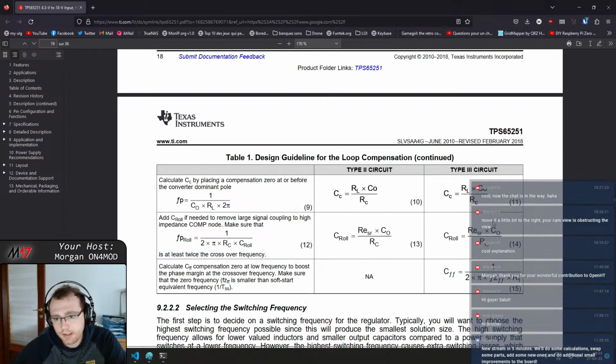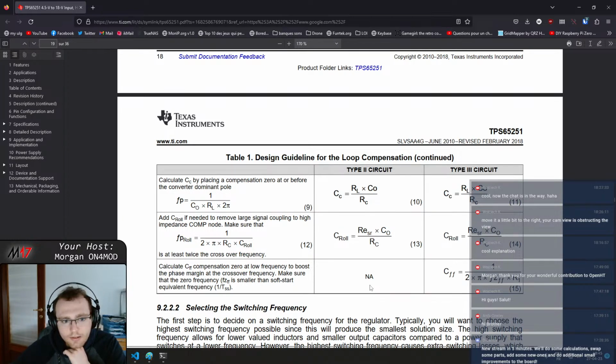Then C, oh no, it's this one, before, so we have to place it before. So if we want to place a 0 before, then that means that we have to pick a C which is higher, because, okay, that's theoretical stuff, but the 0 created by a capacitor, which is a mathematical term used when you do system analysis, it's 1 over C times S. And S is like the X in your equation.